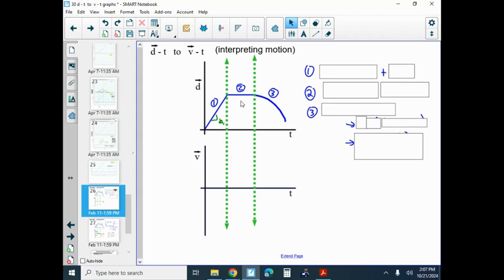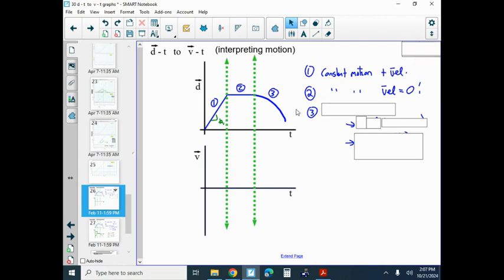So if you're interpreting this, going back to the original stuff we started talking about, you should interpret this as uniform motion, constant motion, right? And then stopped for a while here, so uniform motion of 0, really. And then in this section here, we start to go backwards, with a slope going from slow to faster to faster to faster. So this one is non-uniform motion because we're changing, and it's in the negative direction, like I said, because your slope is going from larger numbers to smaller numbers, and your slope is in the negative direction, like from math class even.